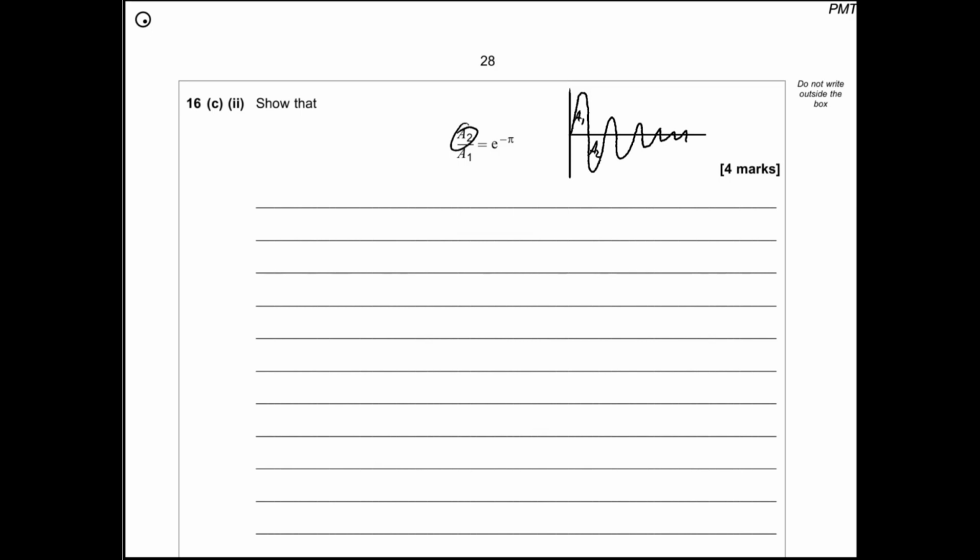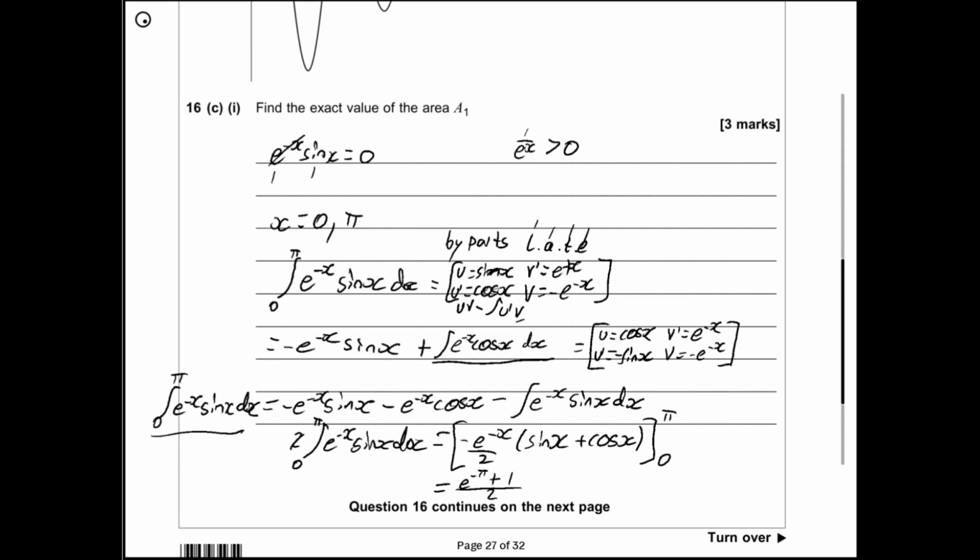So we've got these 2 points here. It's going to be the same integration equation that we've just come up with right here. So we just stick with that. I'm actually going to copy and paste it because I cannot be bothered writing it out again. A little bit of laziness from me.